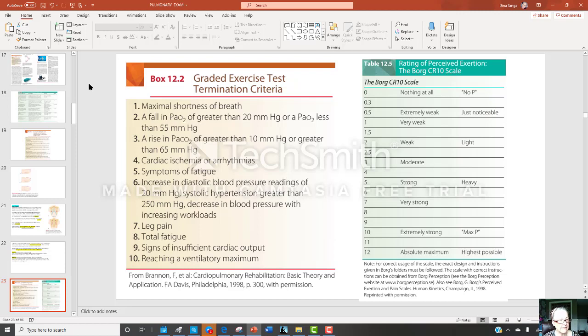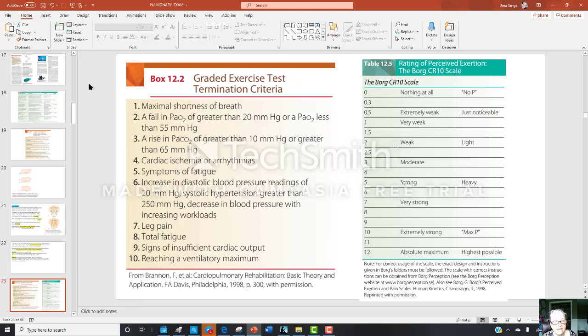An increase in diastolic blood pressure readings of 20. Diastolic blood pressure goes up 20. That's the bottom number, the pressure in your heart when your heart relaxes. Systolic hypertension greater than 250. That's the top number. That's pretty high, 250.